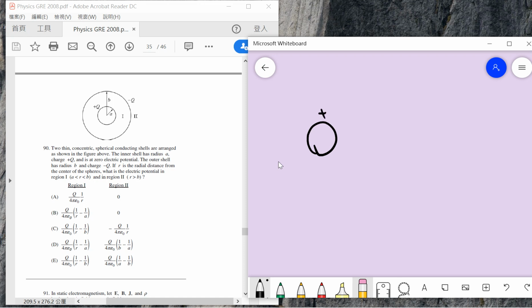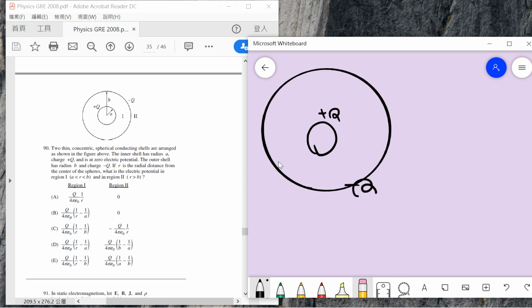If this is plus Q and this is minus Q, then the electric field here is 0, right? Because when you draw a Gaussian surface, there's nothing inside. Then here the field is Q divided by 4 pi epsilon naught r squared. And here it is also 0.